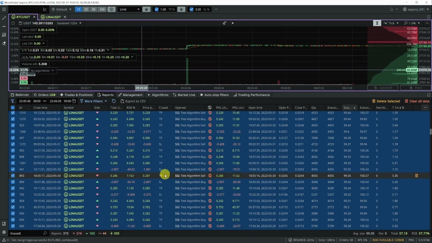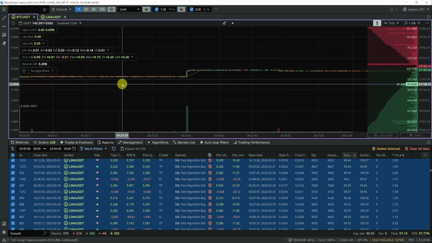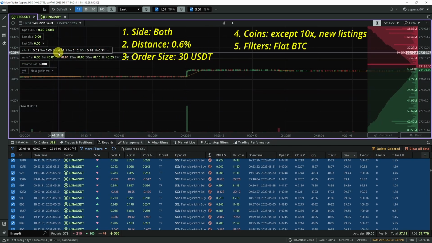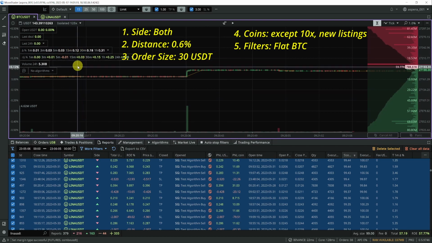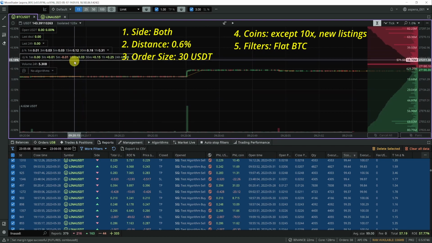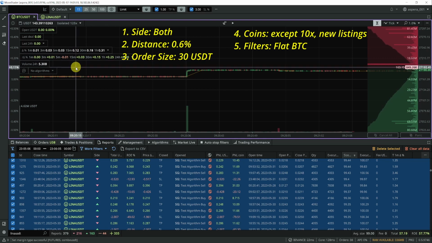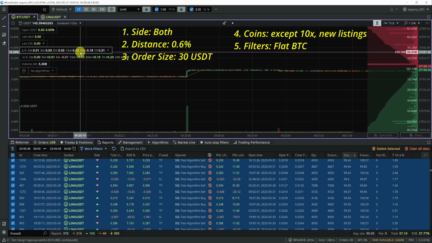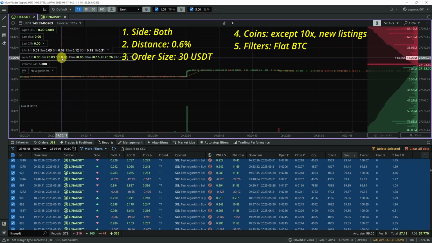So what I'm going to do is to limit my algorithm to a pretty flat Bitcoin. I'll decide a bit later what exactly this filter is going to be, but I'm thinking like preventing the trading from happening if Bitcoin's 5 minutes absolute delta is over 0.5%.